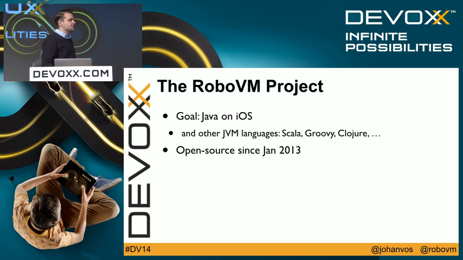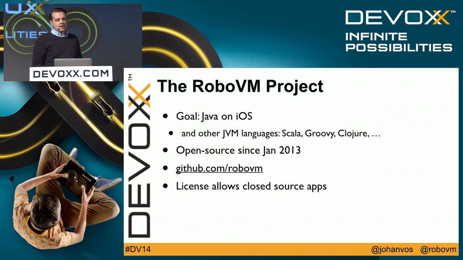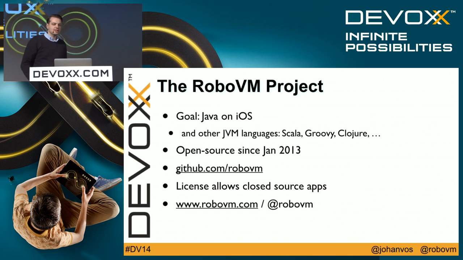It's been open sourced since January 2013. It's on GitHub. The license, we use permissive licenses, so it allows you to develop closed source apps that can be deployed to the App Store. And if you're interested in the project, check out the website and make sure you follow us on Twitter.